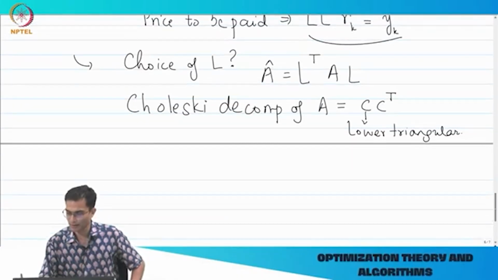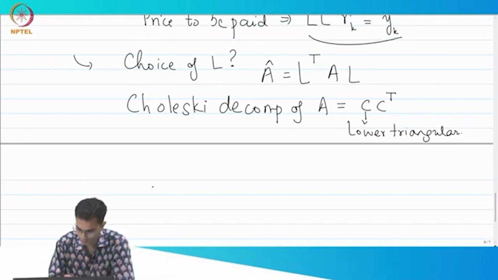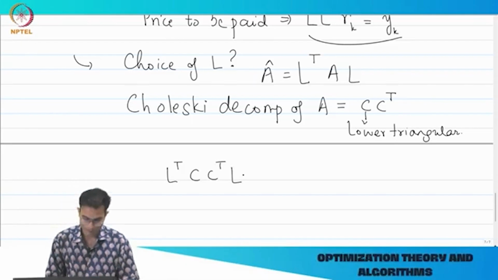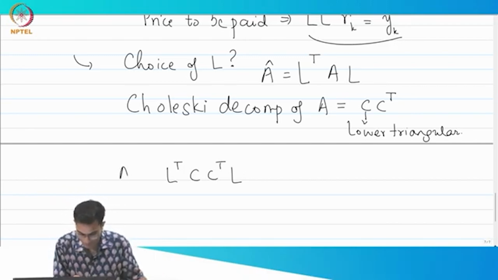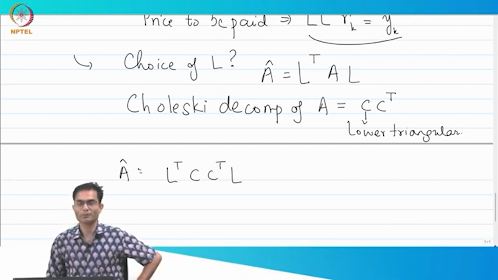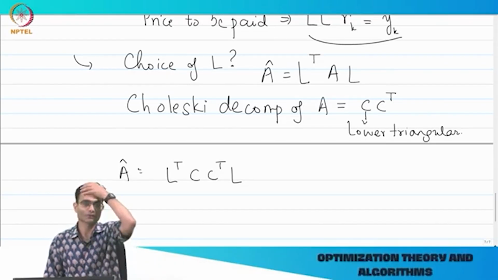Now this C being lower triangular, let's have a look once again at our L transpose CC transpose L. Let us say this was my A hat. So what would be the ideal choice that C should take, or rather L should take?